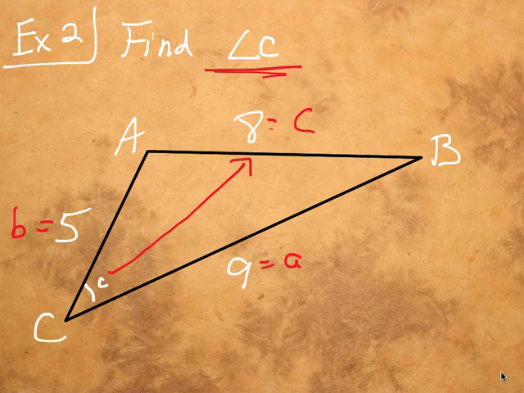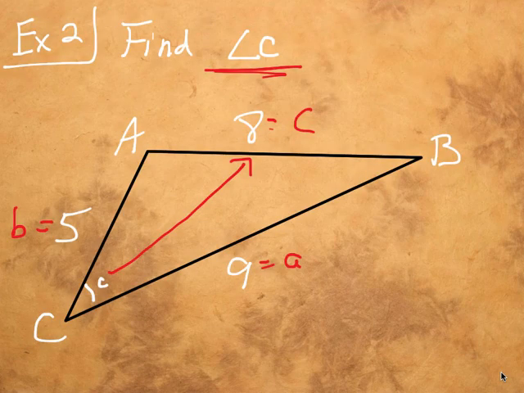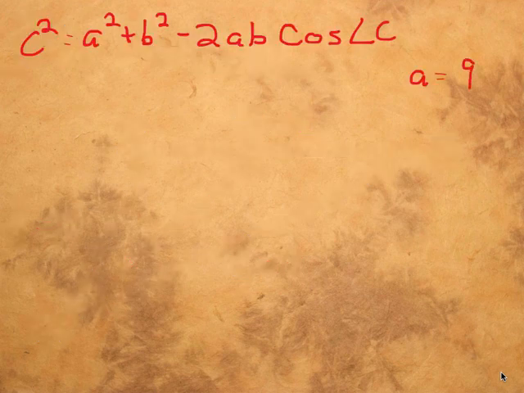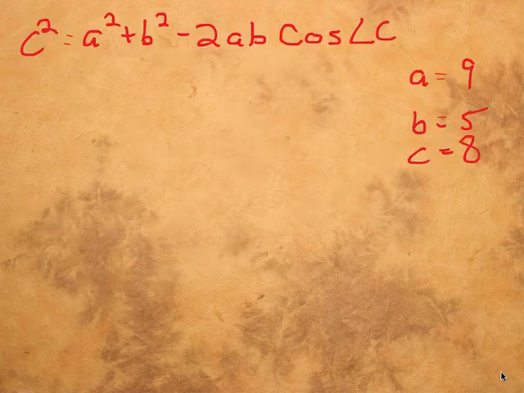A is 9, B is 5. Let me write that down here. A is 9, B is 5, and C is 8. Alright, so let's go ahead and plug and chug here. 8 squared equals, alright.